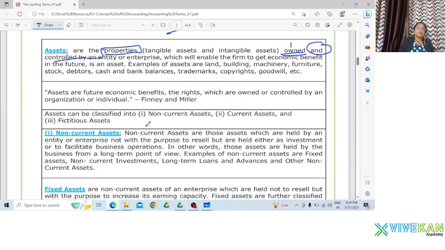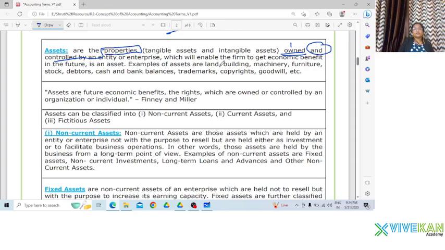What do you mean by owned and controlled? You might say, if I own it, I will definitely control it. No, that's not the case. If you're owning it, it doesn't mean you'll be controlling it also. So you should be owning and controlling it. Also, suppose you have purchased some asset and it is not giving you any benefit, then it's not your asset.